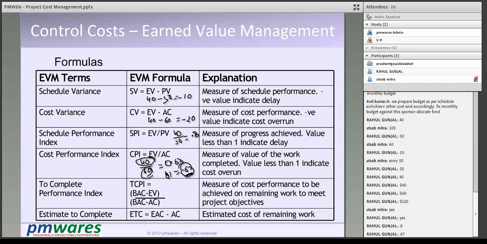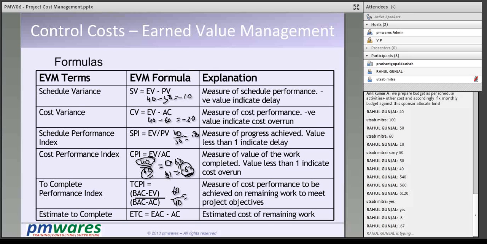So what is this? BAC minus EV. How much is it? EV is 40, so it becomes 60, right? Divided by AC. BAC minus AC. How much is AC? AC is 60, so it has become 40. Is equal to, how much is that? 1.5.